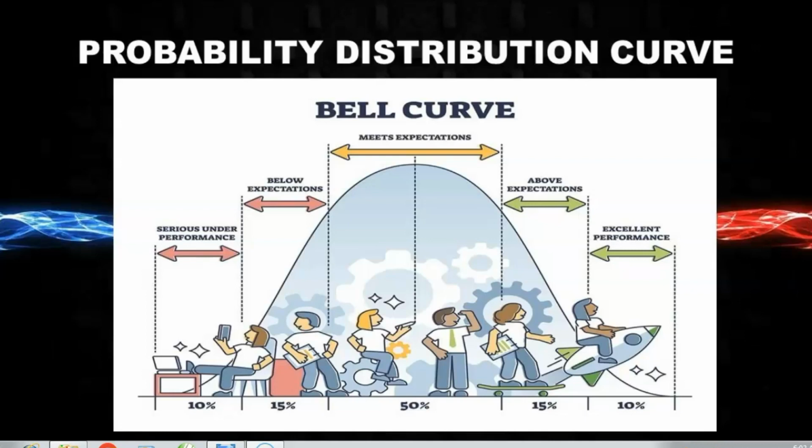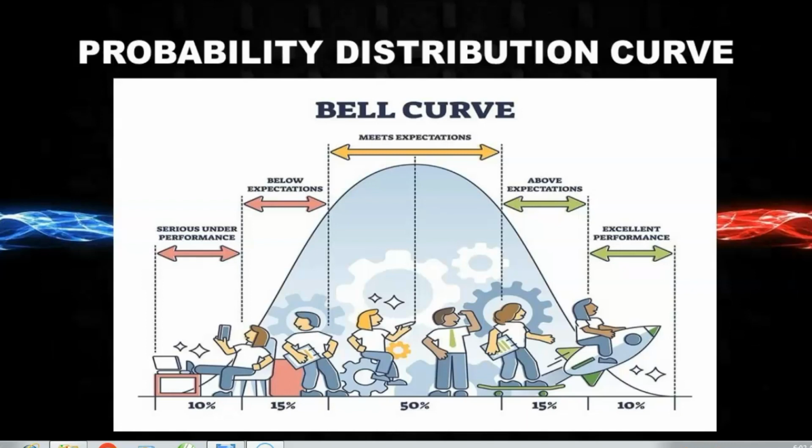There are some that meet the expectations. There are some that are above expectation, and there are some that are excellent. So this is a real life situation. The distribution of people in the entire globe falls within this range. So anything you are going to do will fall within it. So the situations of life move in a bell curve shape.